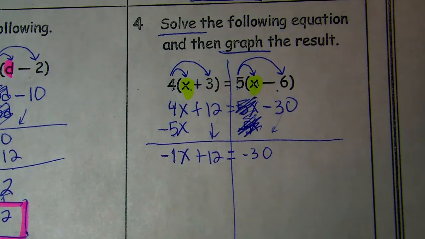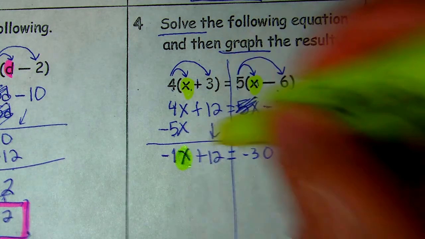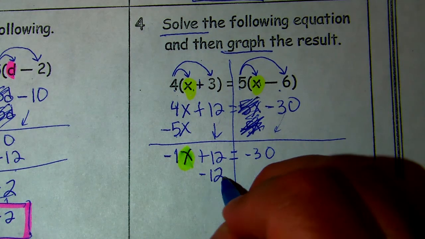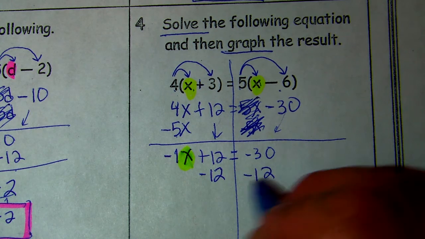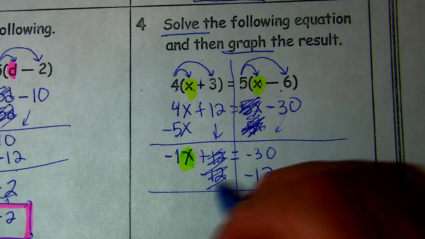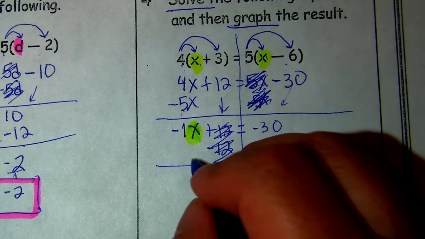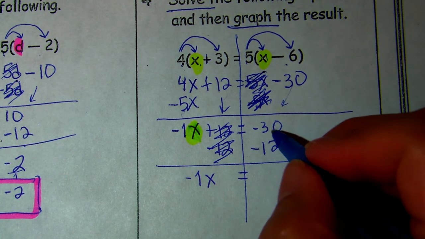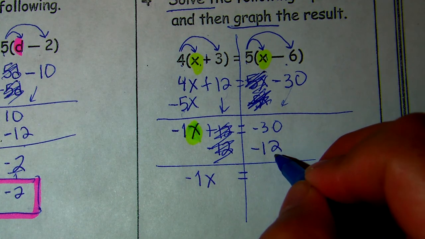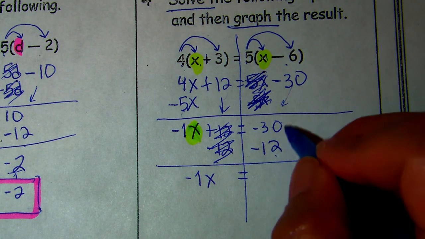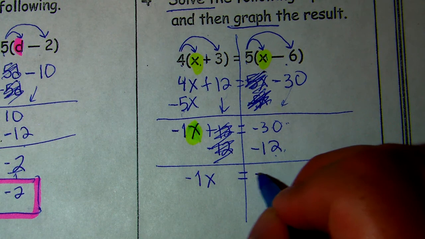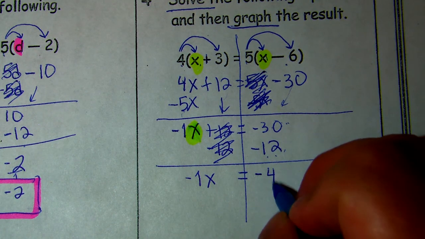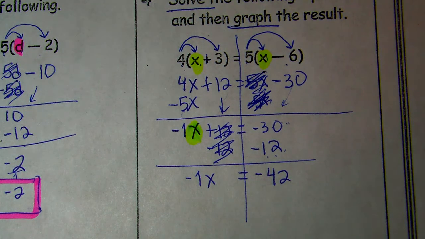Now I need to solve for x, and I don't want the 12 here, so what do I do? Subtract. These two get canceled. Bring down the negative 1x, and this is equal to negative 30 plus negative 12. You're adding two negative numbers, so it's going to be a negative. 30 plus 12 gives you 42, negative 42.